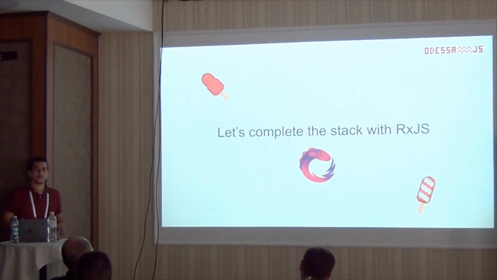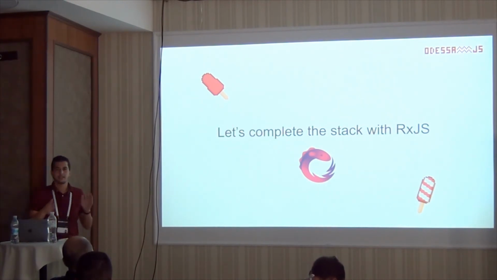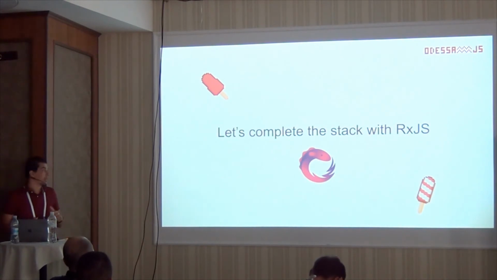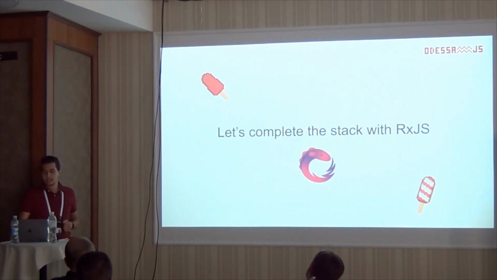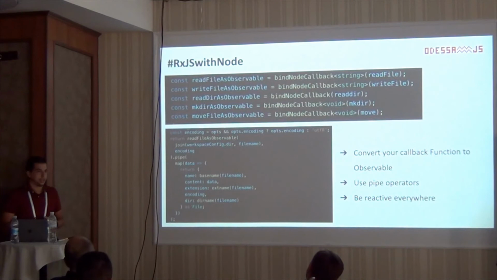Now we have TypeScript, inversion of control, and RxJS in the front-end layer, and in the backend we have TypeScript and inversion of control also. So I recommend completing this stack in Node.js by also using RxJS and making it reactive.